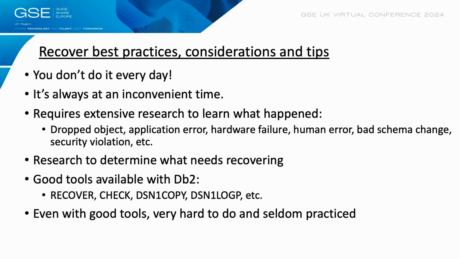So you're going to need some application understanding. And as we know, there's less and less DBAs required to do more and more, so the time to do this isn't always available.